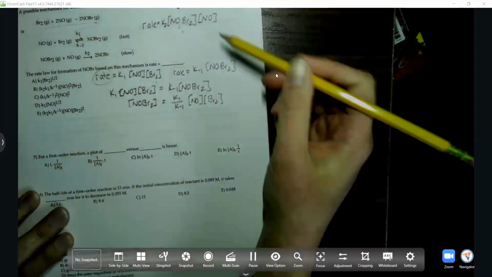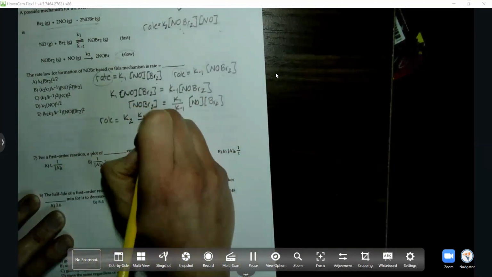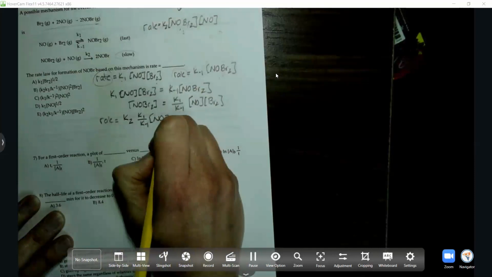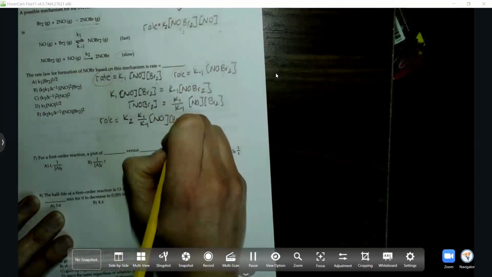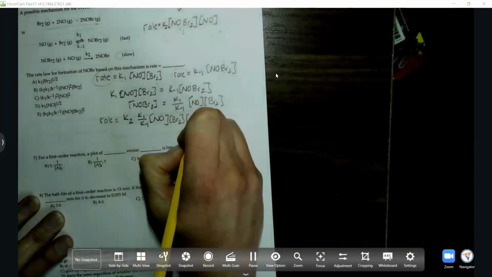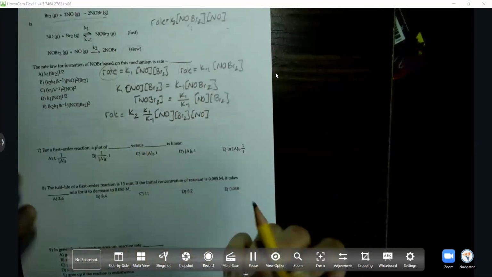We're going to plug that into our slow step rate law. So instead of NOBr2, we're going to plug in this value. Okay, and then our last step is to combine the terms.